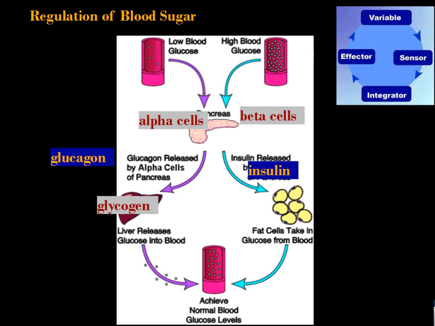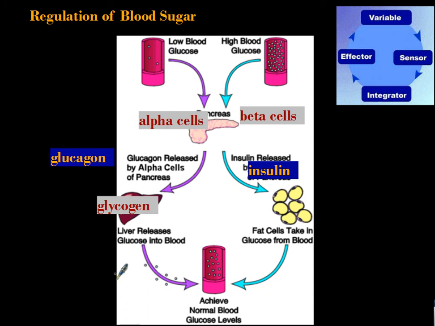And here is another negative feedback system. This one has to do with blood sugar levels. Now we need sugar in our body, and it enters our body from our food into our blood, and then our blood delivers it to our tissues.